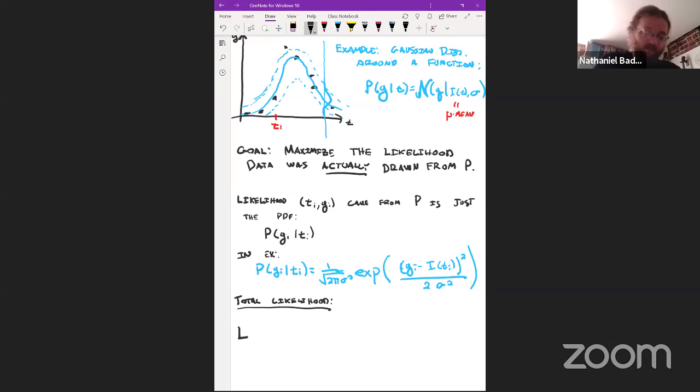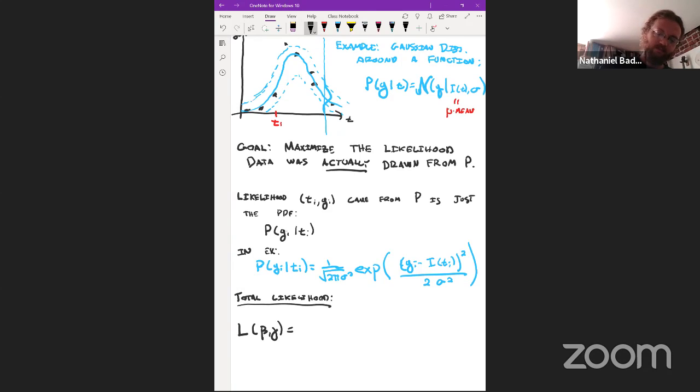is some L that depends on beta and gamma. I'm just using beta and gamma because I'm assuming the SIR model is in the background. It really just depends on whatever parameters you're working with. So it's an L that depends on beta and gamma.